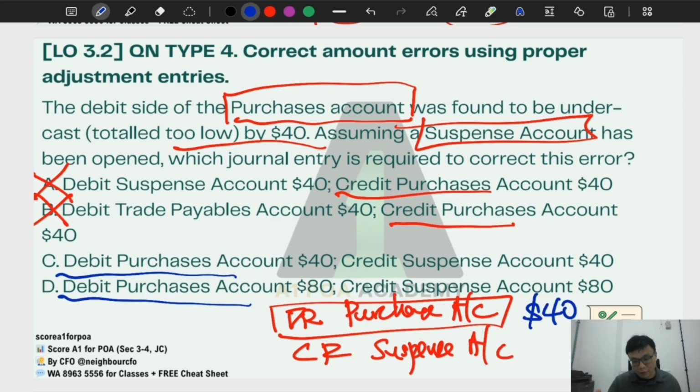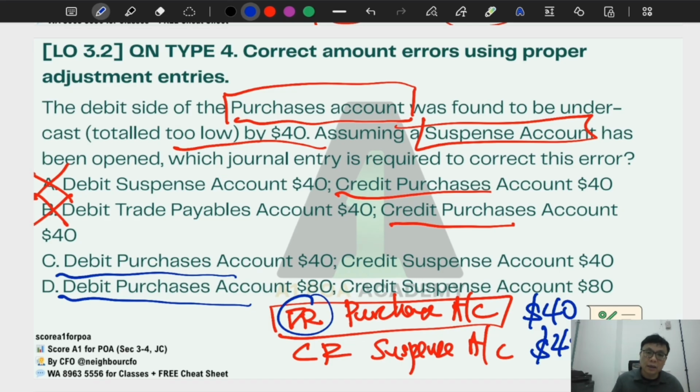Purchases is of a debit nature, so we debit purchases. Remember, as far as double entry is concerned, the left and the right must be the same. So the debit leg and the credit leg must be the same. Therefore, there's no dispute that the credit side must be $40 so that both legs of the double entry will be balanced for the purpose of the trial balance.